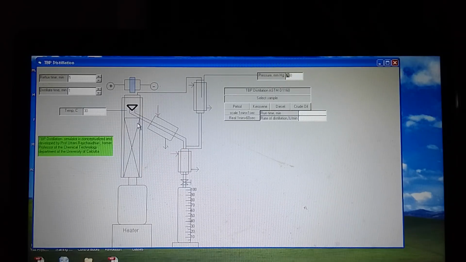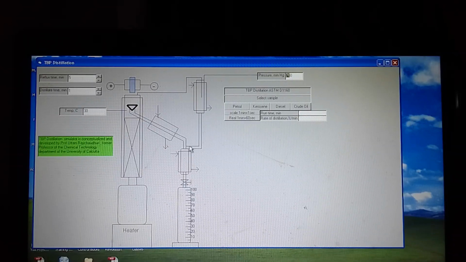D1160 standard, as you can see from the ASTM book. There is an outlet where the vapor comes out to a pipe like the previous one, which will be condensed by a condenser followed by another condenser to keep it cooled, so that the lowest temperature product can also be collected here.